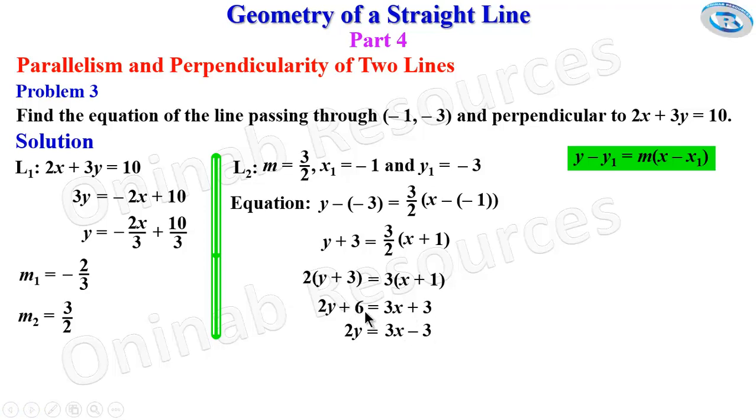This is going to give us 3 minus 6, which gives negative 3. And we can also leave the equation in this form, which is the equation of the line passing through (negative 1, negative 3) and perpendicular to 2x plus 3y equals 10.